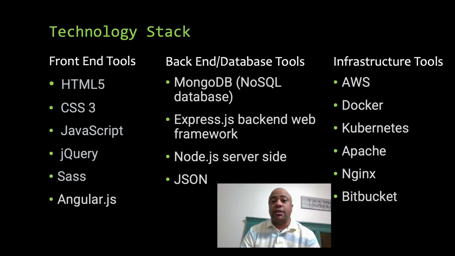For the backend and database tools, we use Mongo database, which is a NoSQL database, Express.js, which is a backend web framework, Node.js, which works on the server side, and JSON. And for the infrastructure tools, we used Amazon Web Services, Docker, Kubernetes, Apache, Nginx, and Bitbucket.